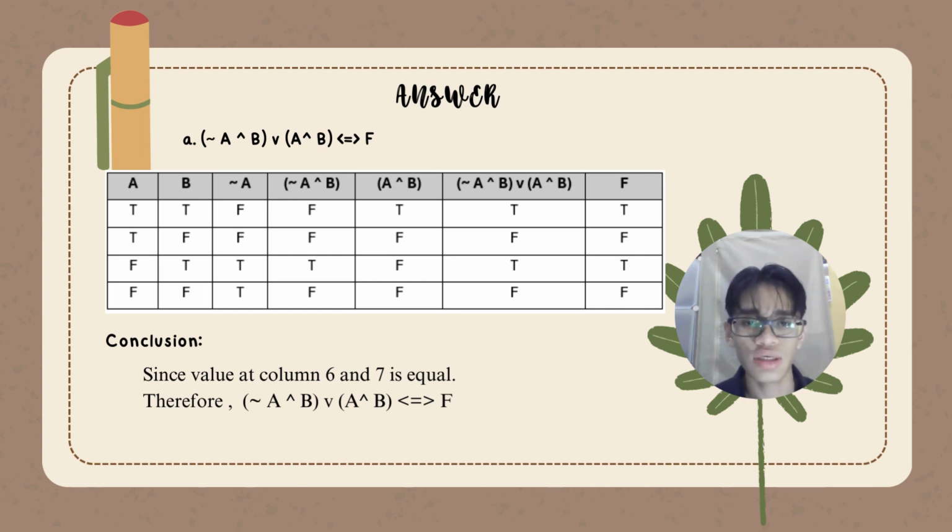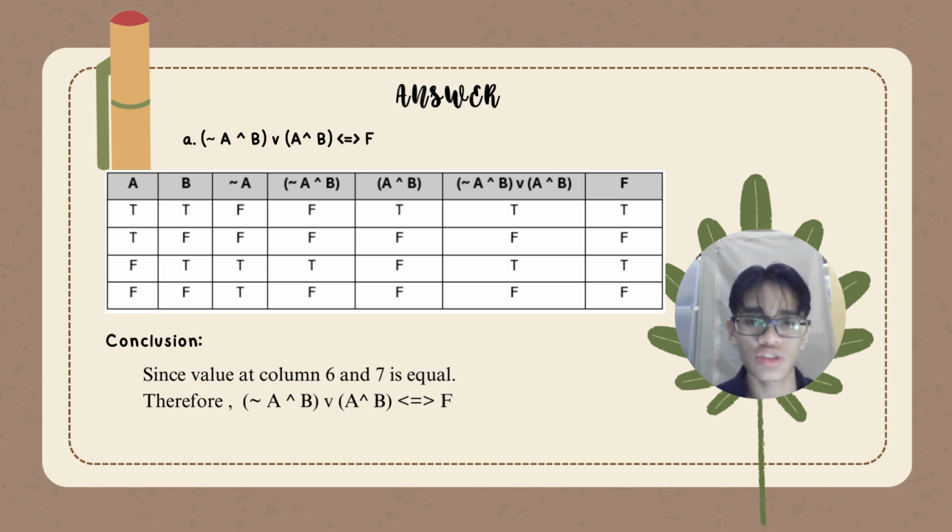As you can see, the truth value of not A and B or A and B is the same as the truth value of column F. So it is logically equivalent because all of the truth values are the same.